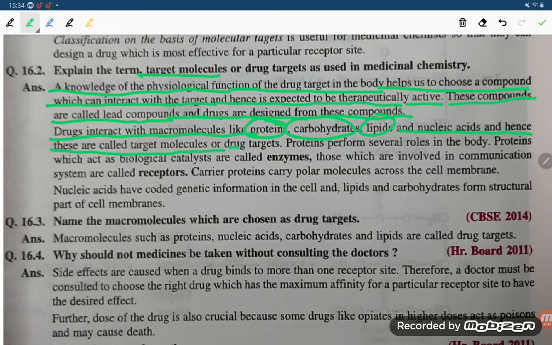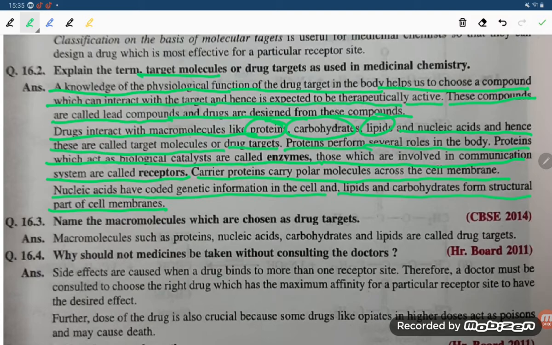Proteins perform several roles in the body. Proteins which act as biological catalysts are called enzymes. Those which are involved in the communication system are called receptors. Carrier proteins carry polar molecules across the cell membranes. Nucleic acids have the coded genetic information in the cell, and lipids and carbohydrates form the structural part of the cell membrane.